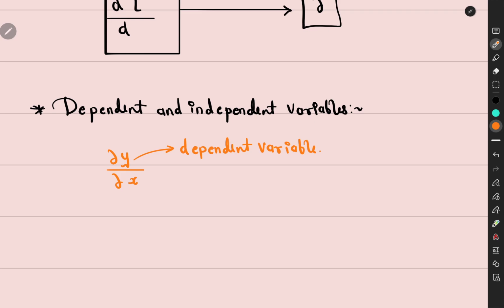The meaning of this is that it never varies throughout any problem given, and the quantity in the denominator is called the independent variable. As its name suggests, and you have already guessed, it can vary throughout this chapter.